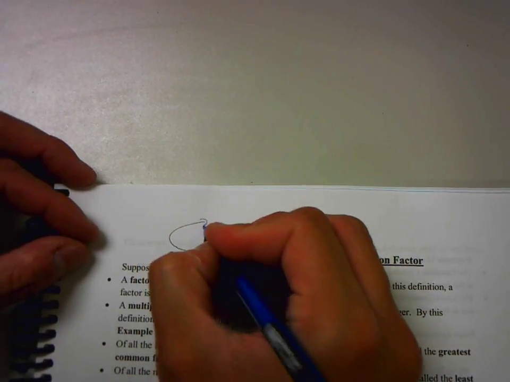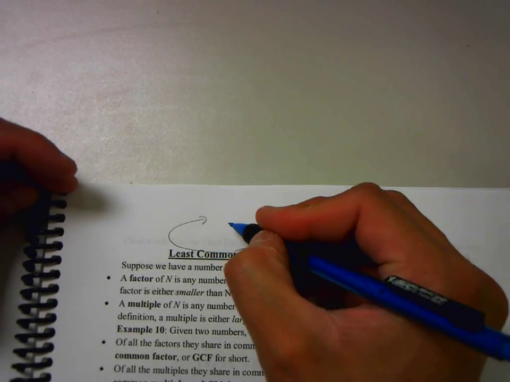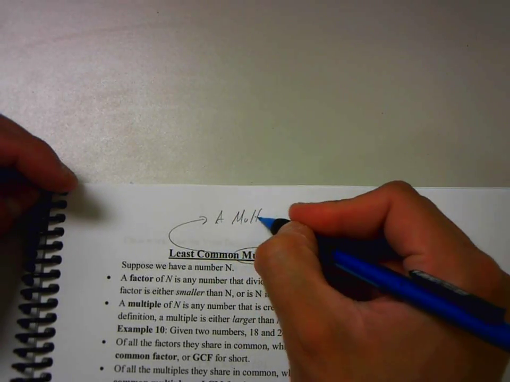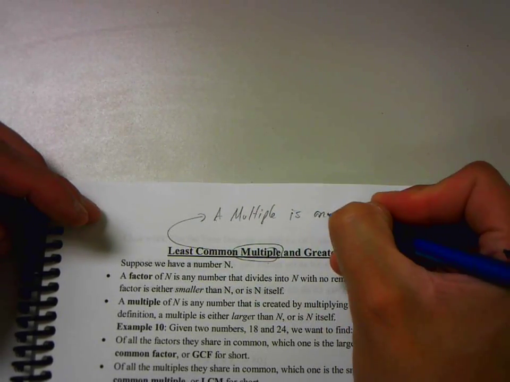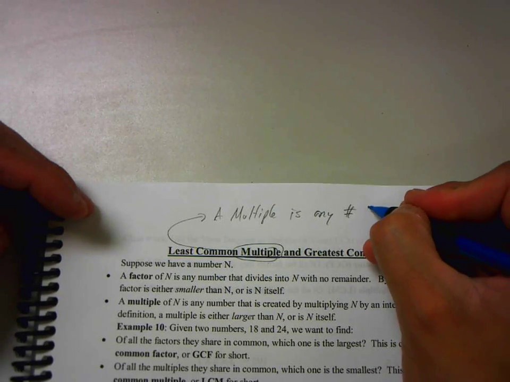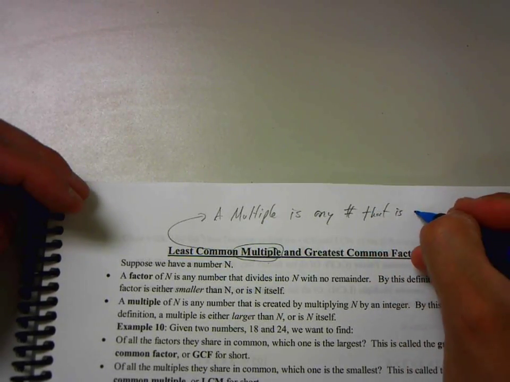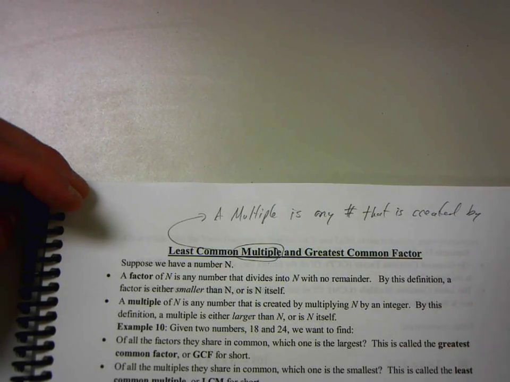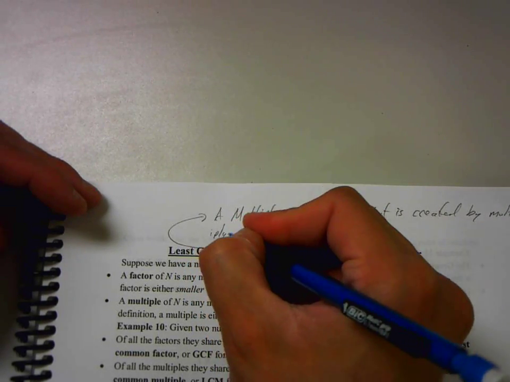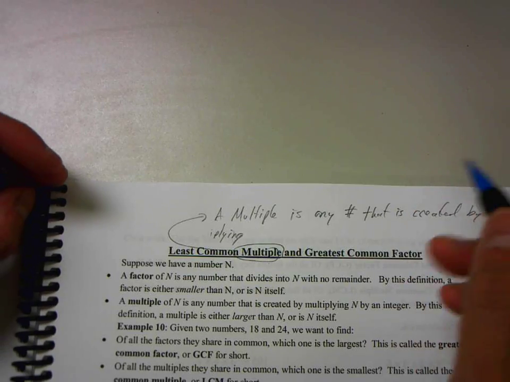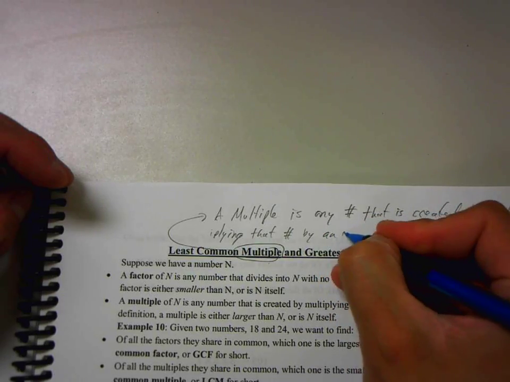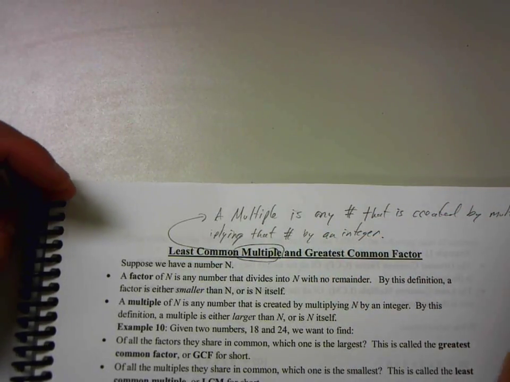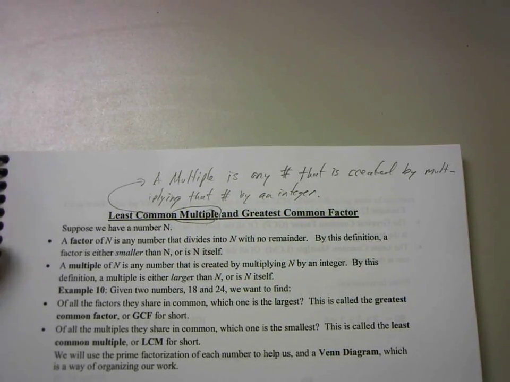A multiple is any number that is created by multiplying that number by an integer. Okay? So what does this mean? So examples. Let's do an example here.